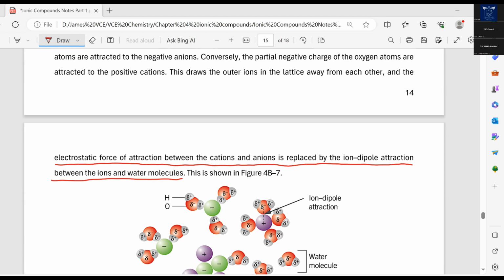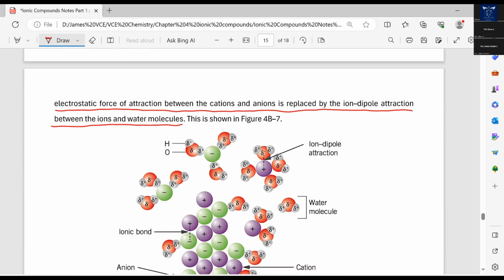The water molecule goes in between the ions, replacing the electrostatic forces of attraction, because the water molecule can provide both positive and negative charges. What factors affect solubility? We'll talk about this in more detail in the next chapter.